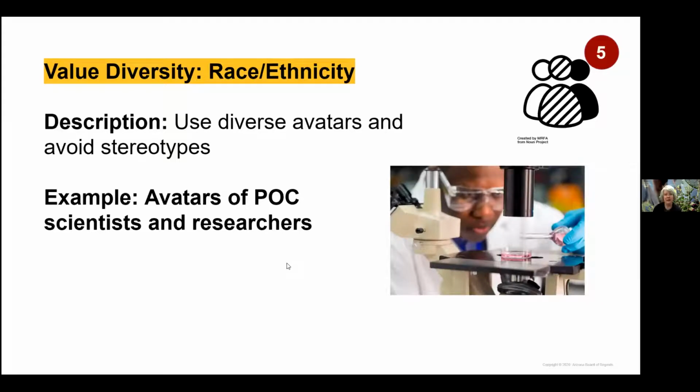Race and ethnicity was the 5th standard that we were looking at. And of course, more recently, that's become at the top of all of our awareness, I think, is that we want to definitely show avatars with POC scientists and researchers, just as a more diverse community, especially appealing to the diversity of our students.